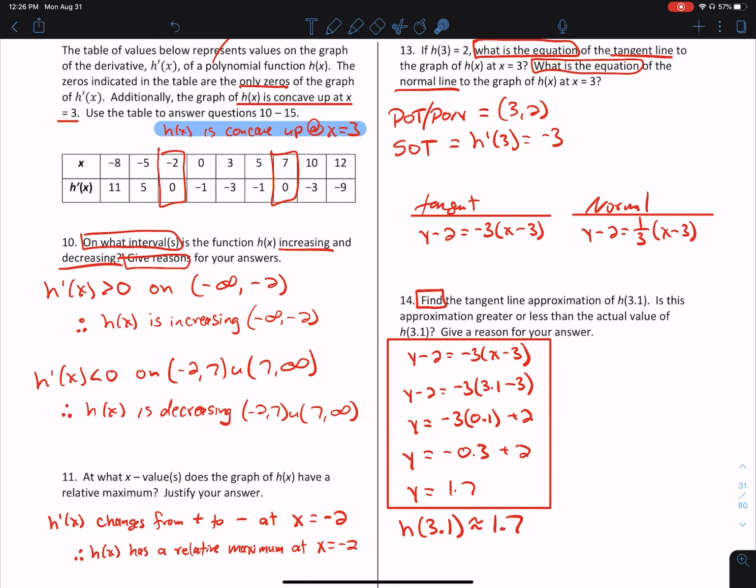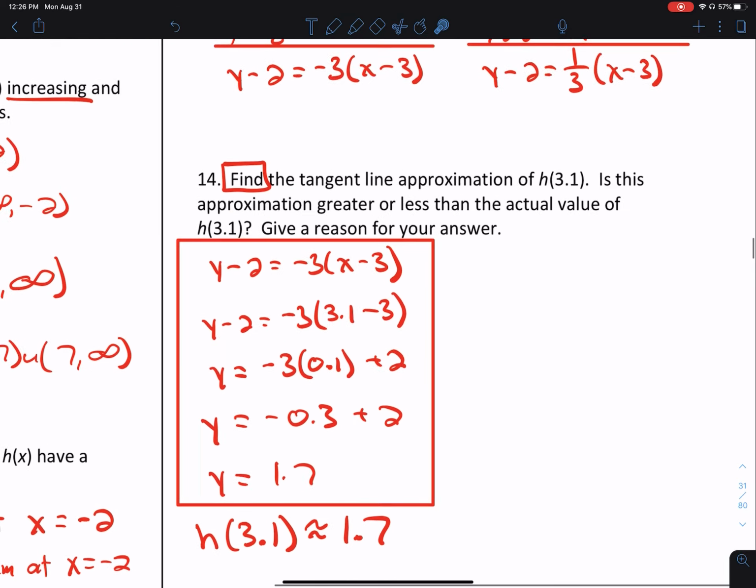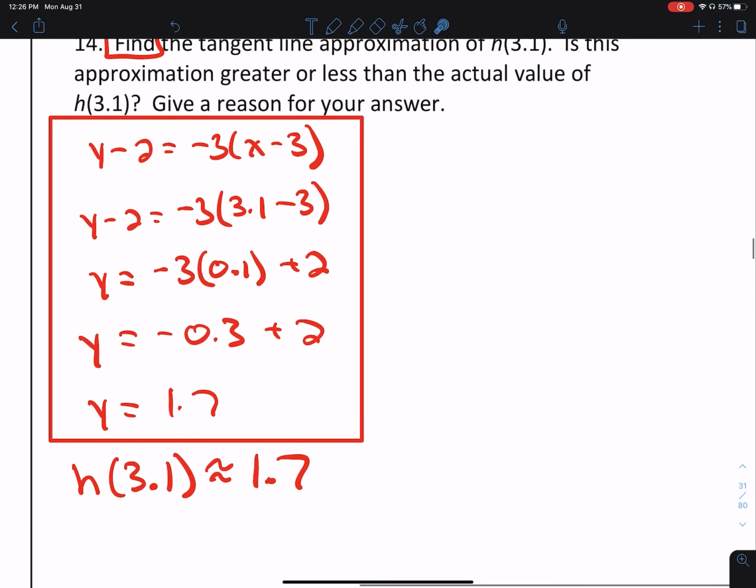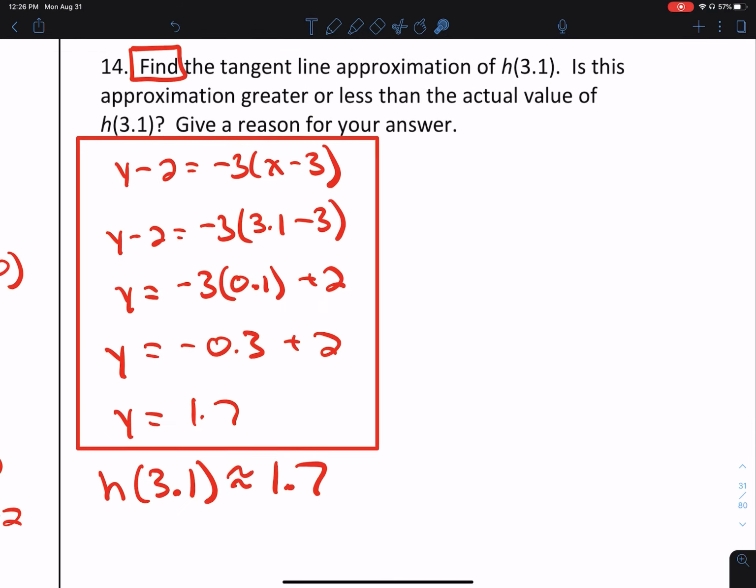Let me try to explain this to you, and then we'll write this down. This original explanation, you wouldn't have to put on a test or a quiz, but you might want to put it in your notes. If the graph is concave up, someplace on here is 3.1, and we have this tangent line.